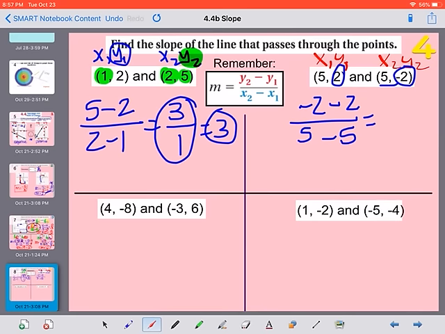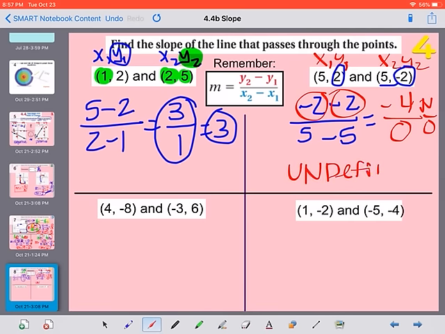So negative 2 minus 2, it's really a negative 2, and another negative 2, that's really a negative 4. Then on the bottom, 5 minus 5 is 0. So this is a line that is really undefined. If we were to graph it, it would be a vertical line, because we cannot walk across that line. It's undefined. There's no slope.